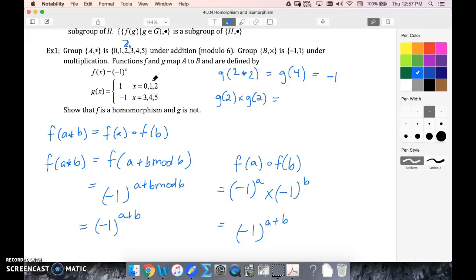Well, G of 2 is 1 times 1 is positive 1. So we've shown that G of A star B is not equal to G of A times G of B. There's lots of other counterexamples for this. We only need one. So G is not a homomorphism.